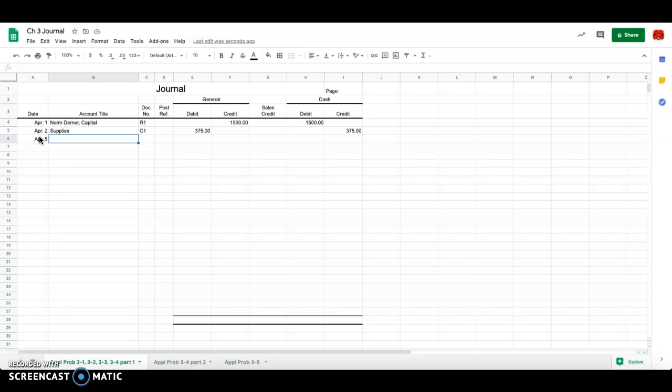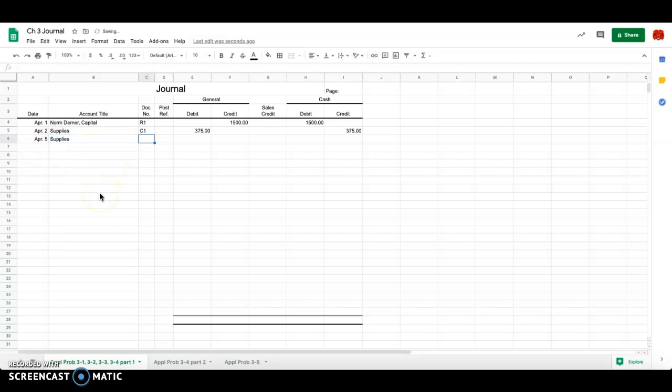I bought supplies on account from Palm Supply. All right, so if I'm buying supplies, I know that supplies are an asset, and I am increasing supplies with a debit because that's how all assets are increased. And the rule is you always want to put the debit amount first.